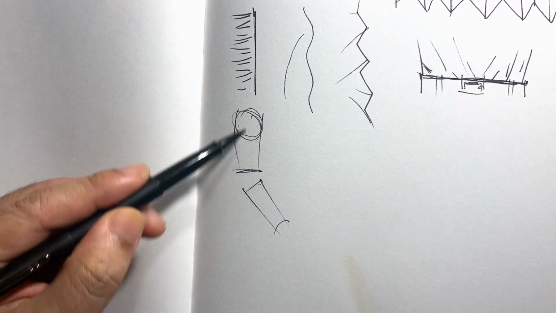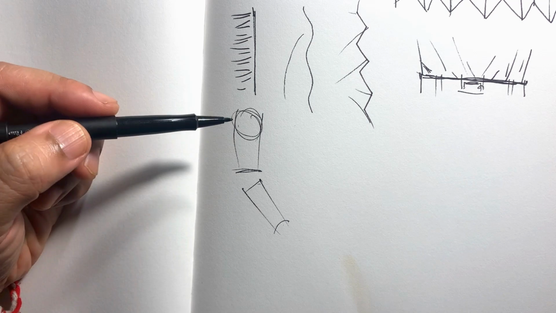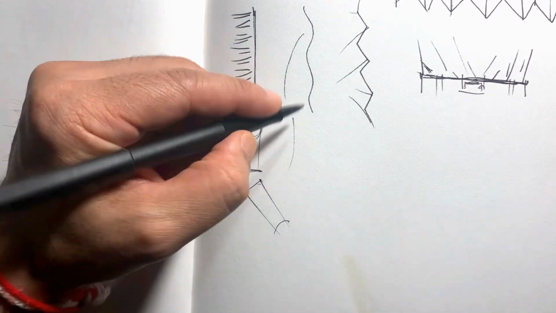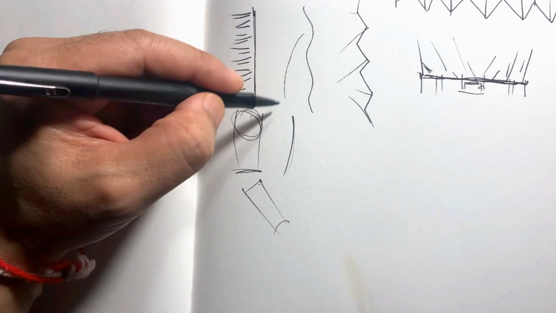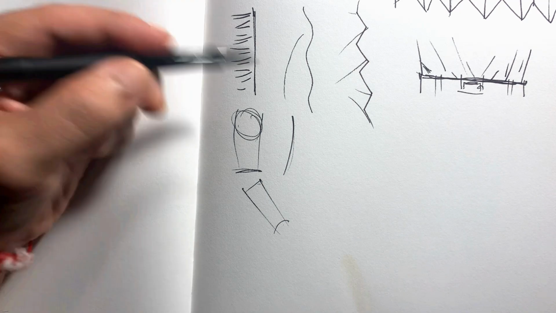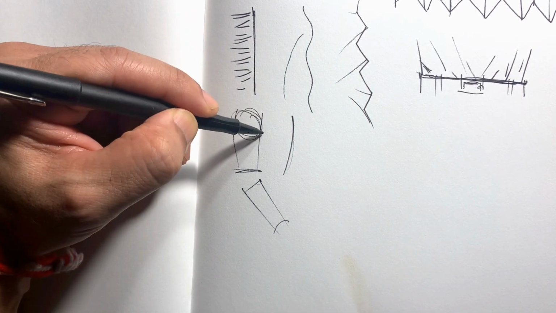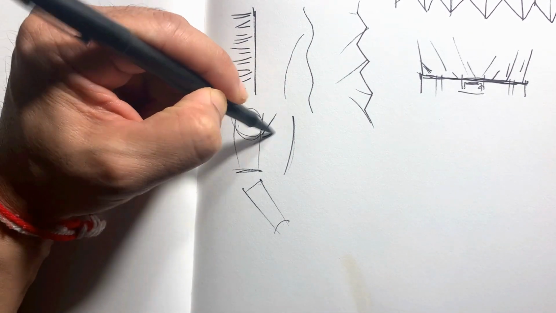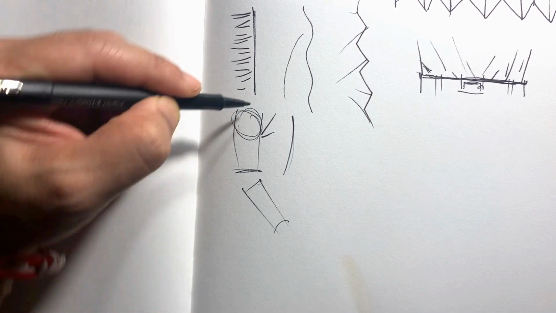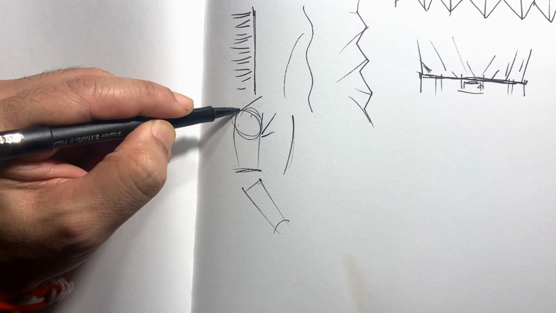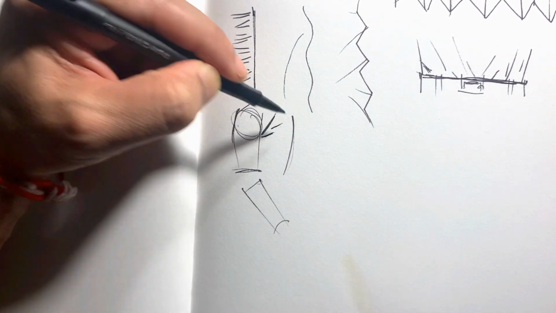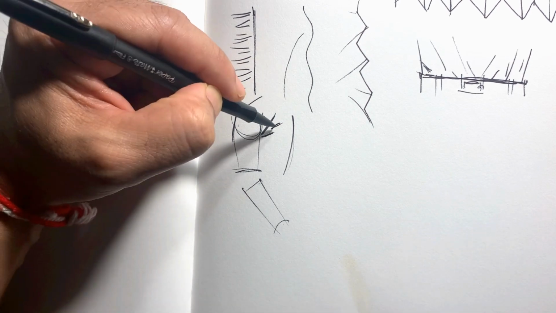So some of the more obvious places that you'll see in clothes is the wrinkle that comes from the sleeve. So these are common.